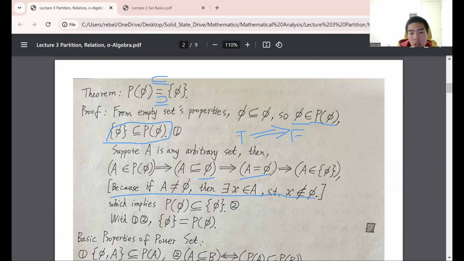So A is the empty set, which means A belongs to this one, because the empty set belongs to here, right? So that means we found that every set in this one is a set in this one. So we prove this one and we add them together to find the equal relation. So that's done.